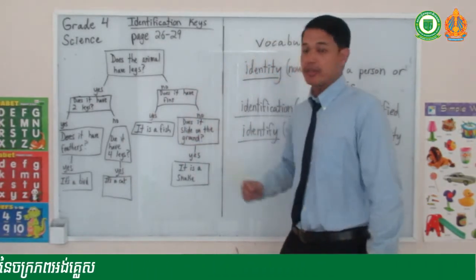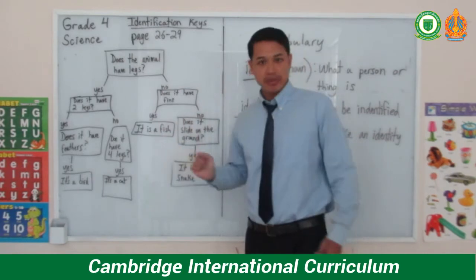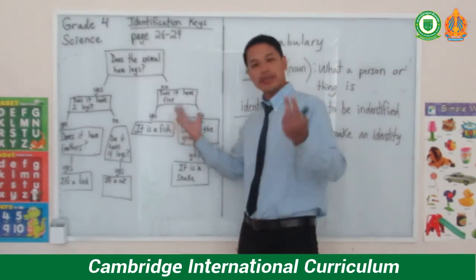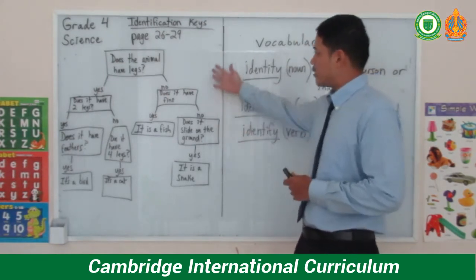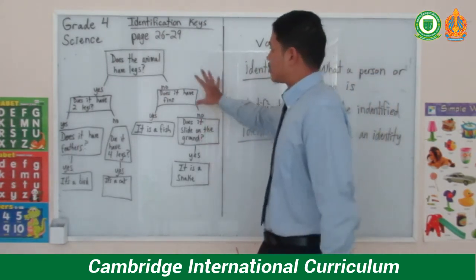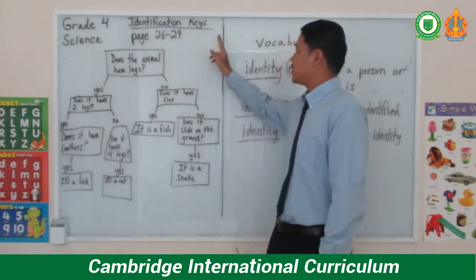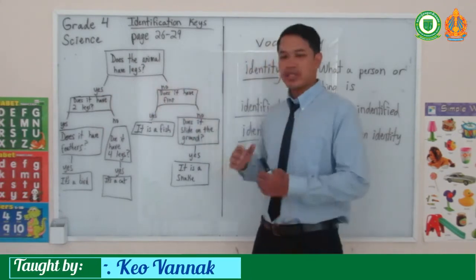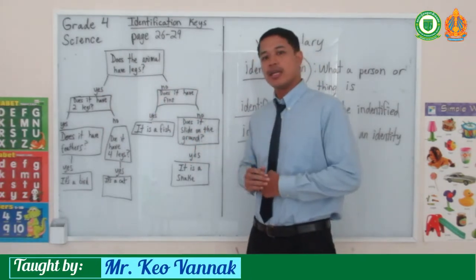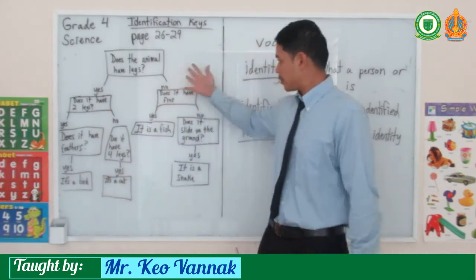But in our lesson, we are identifying animals. As you can see, it looks like this. And in an identification key, there's always a yes or a no. So you ask the question, and then yes or no.